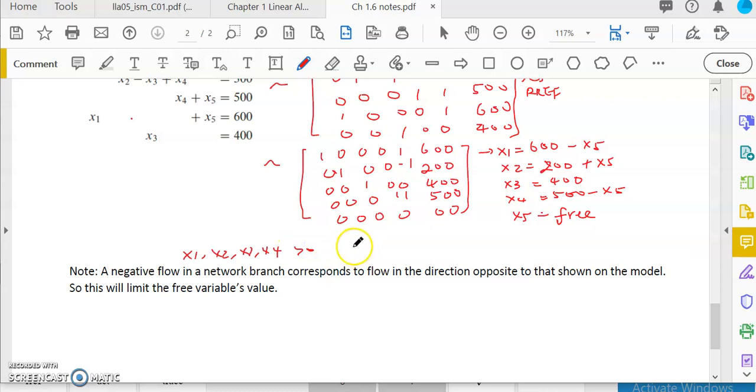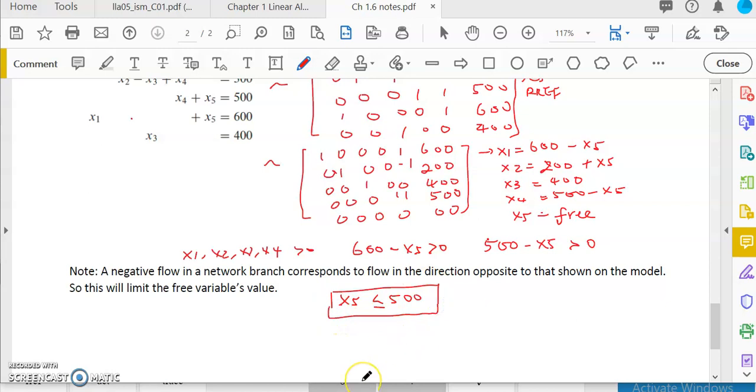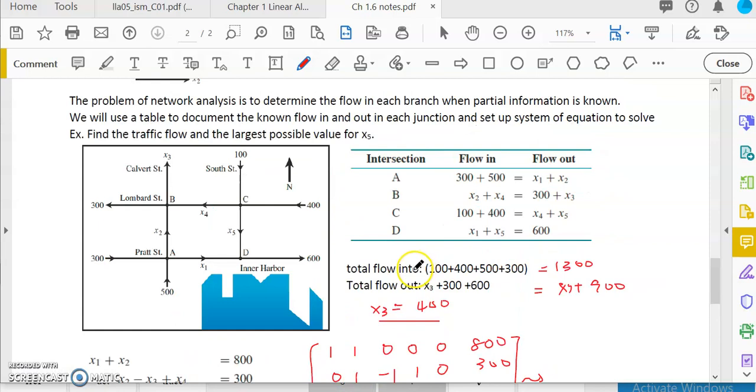That means 600 minus x5 is greater than 0, so x5 has to be less than 600. And from x4, 500 minus x5 also has to be greater than 0. So this limits x5 to be less than 500. Can it be equal? I think so, right? So this limits the free variable x5.